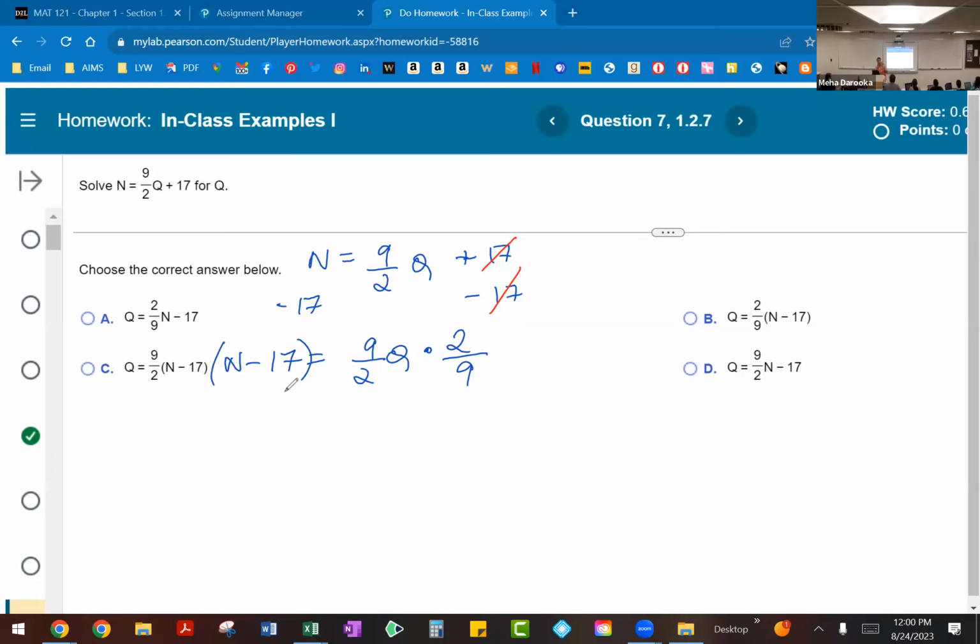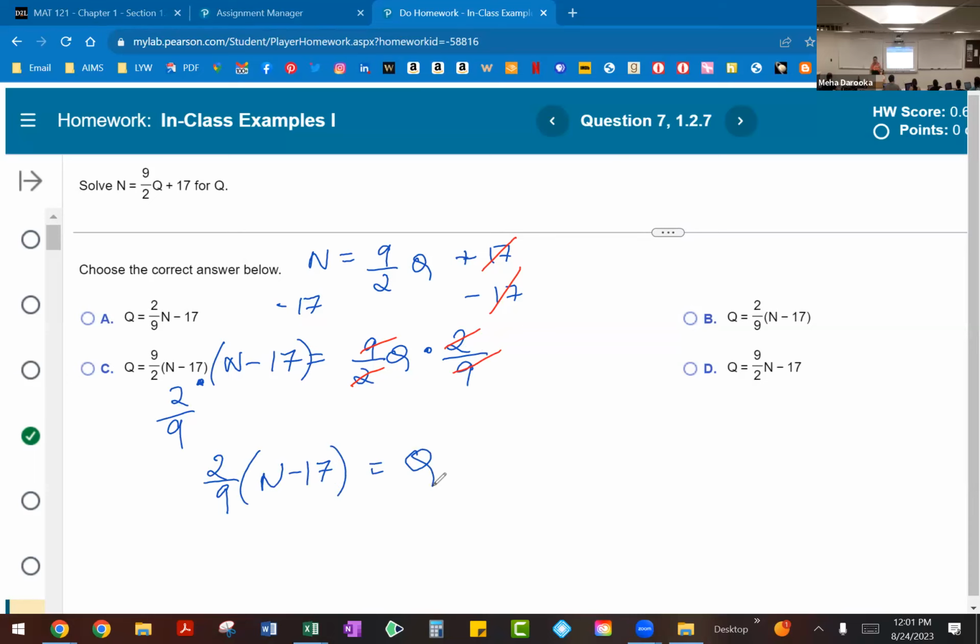Now, since you have n minus 17, that becomes one quantity. So remember, you're multiplying the whole n minus 17 by 2/9. Monica, are you okay so far? Did you have any questions? So that will end up giving us 2/9 multiplied by the quantity of n minus 17.